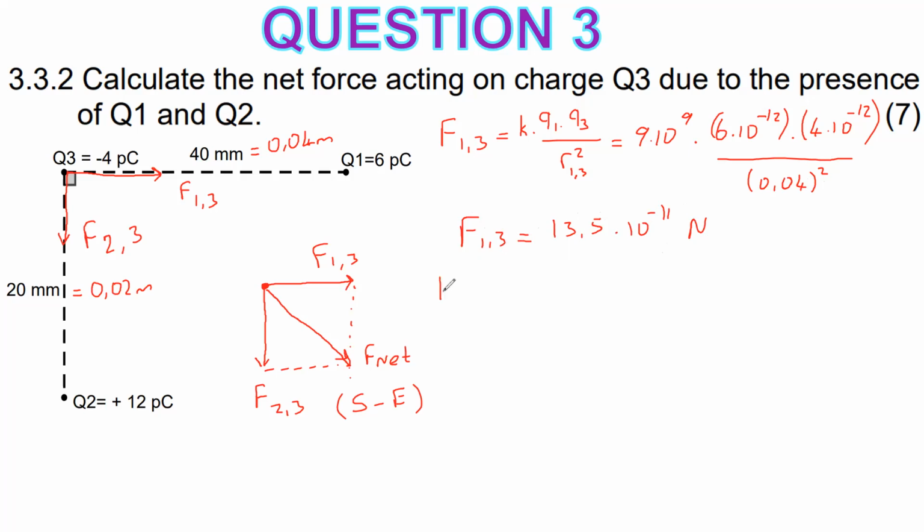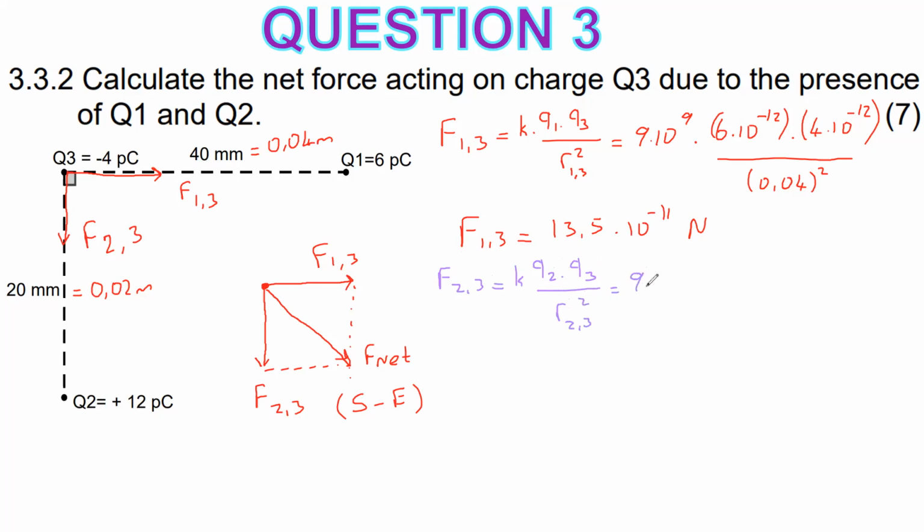And the second one, this force on Q3 because of Q2. Now we are going to calculate F23. So let's just change color. F23 equals, formula same. Please don't forget to write the formula. For each step, we should write the formula to get full marks. So Q2, Q3, and then R23 square.